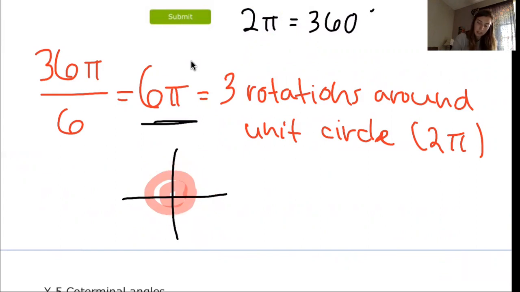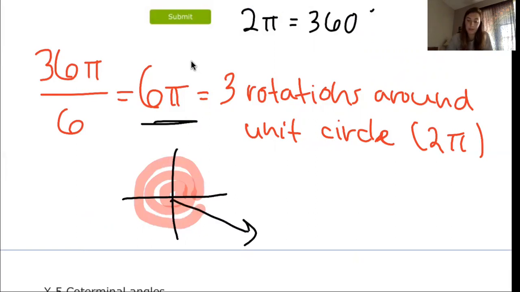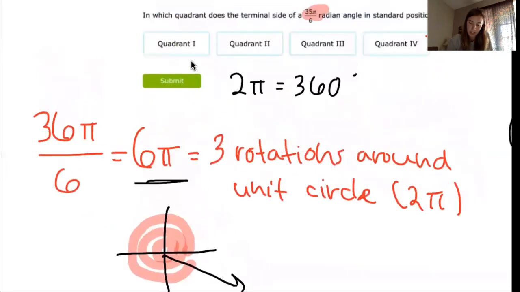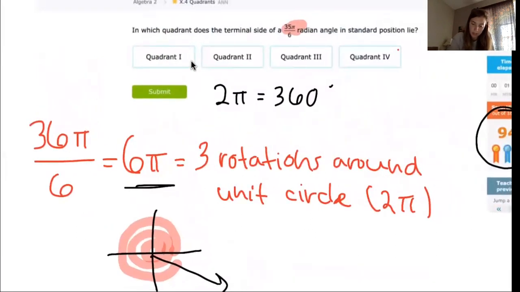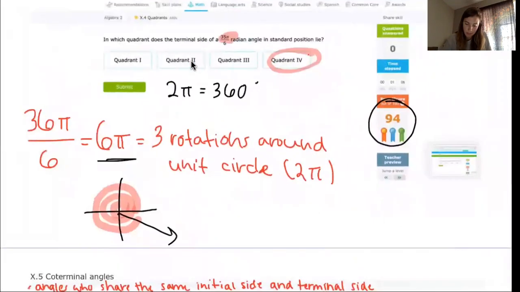So my third trip, because it was 35 pi over 6 instead of 36 pi over 6, was cut short right there. So my last angle was there in my 4th quadrant. So my answer will be the 4th quadrant. That's a tricky one. We can talk about it more in office hours. Hopefully you don't have one that hard on your IXL. But yeah, there it is.